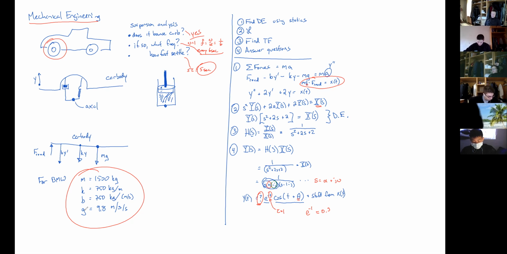You can do the same kind of analysis and just treat it as a different system, because once you find H, it doesn't matter if the input is thermal energy from the sun and the output is temperature, or if the input is distance traversed over a curb and the output is body motion, or if the input is the control of your joystick and your flight stick and the output is the position of the plane. It's all the same. It's an incredibly general tool.